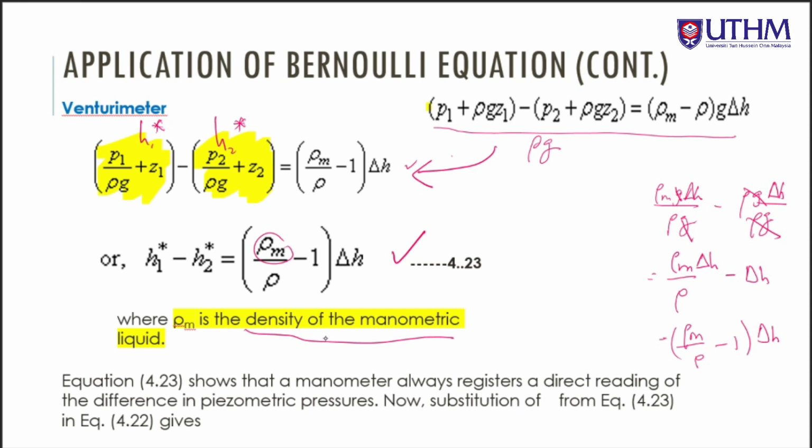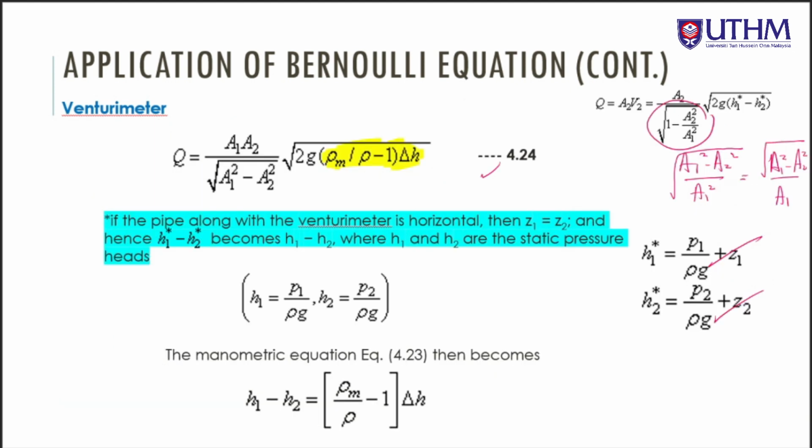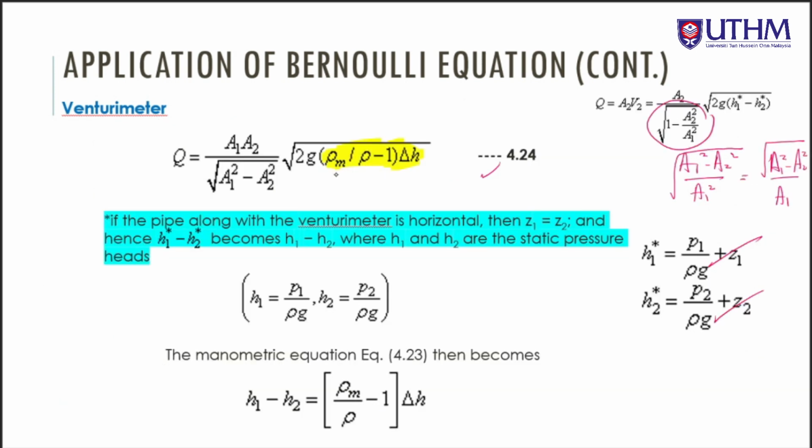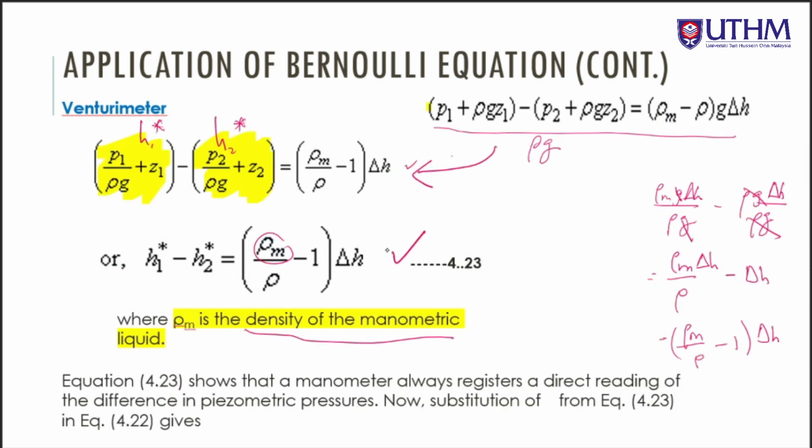Okay, so next, ni tak ada apa, so kita ke bawah through next slide. Okay, so bila kita dah tahu H1 dengan H2 adalah benda ni, kita replace balik dalam equation yang tadi tu. Kita replace dalam equation ni dengan what we get here.